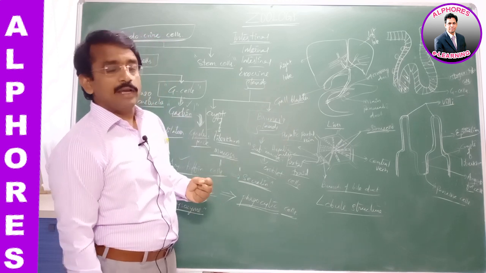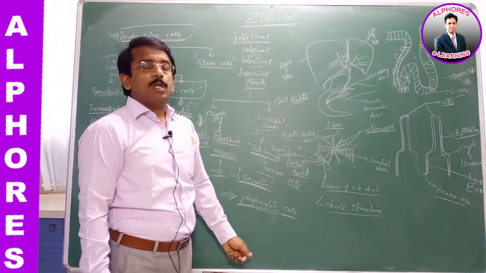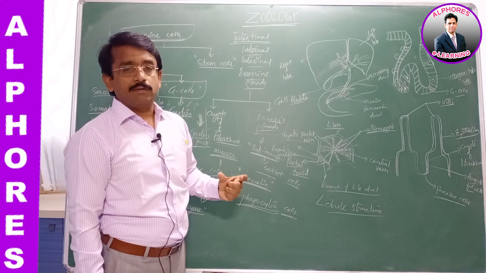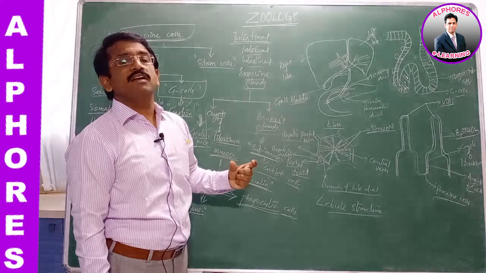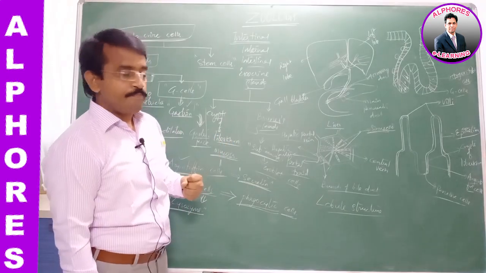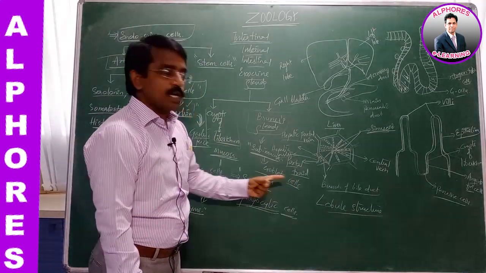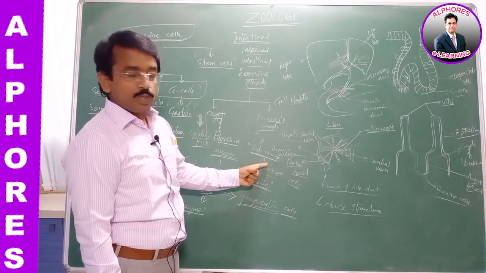That's the reason why it also comes under the MALT, mucosa associated lymphoid tissues. Goblet cells are unicellular cells that secrete the mucus.